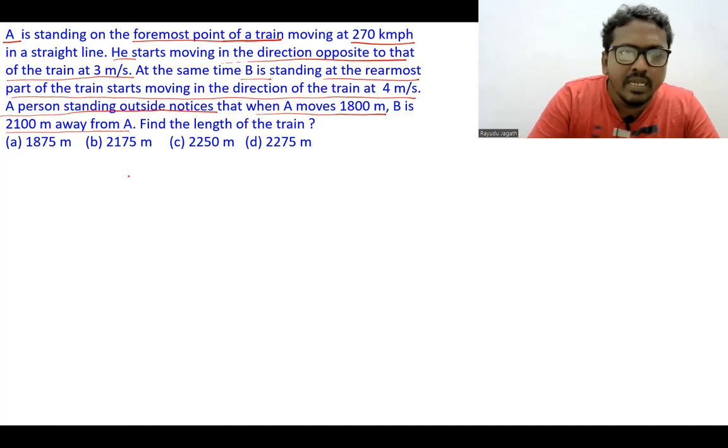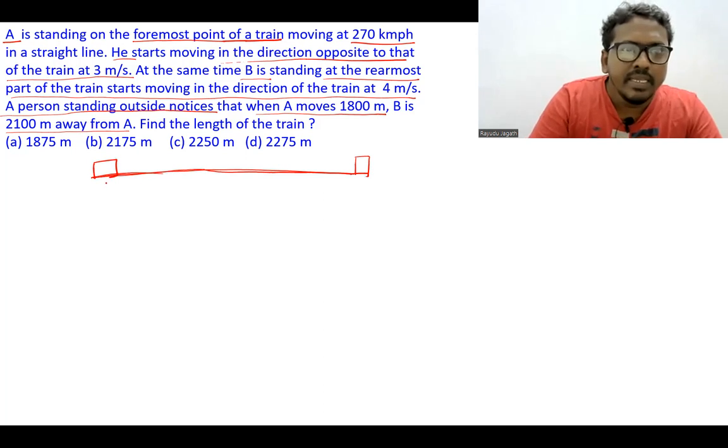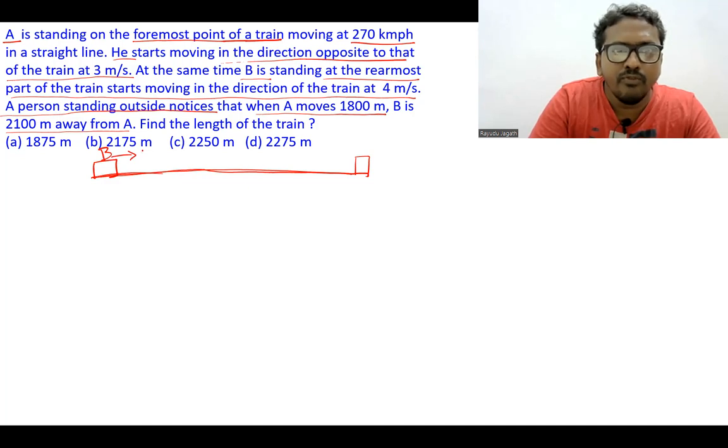And let me draw a diagram. Okay, assume this is the train, this is the foremost point, this is the rearmost point. Assume this is a straight line. Here, a person B is moving with a speed of 4 meters per second.